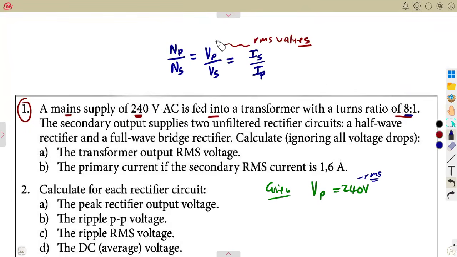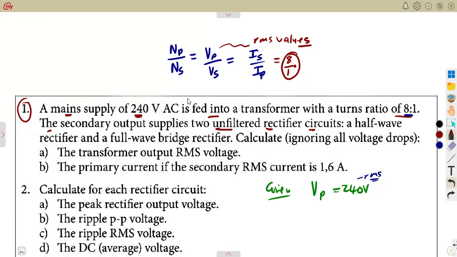Is it the number of turns, the voltage, the current? That part is representing 8:1, which is 8/1. So you can relate it depending on what you're asked to calculate. It can be number of turns, voltage, or current; you equate to 8/1.